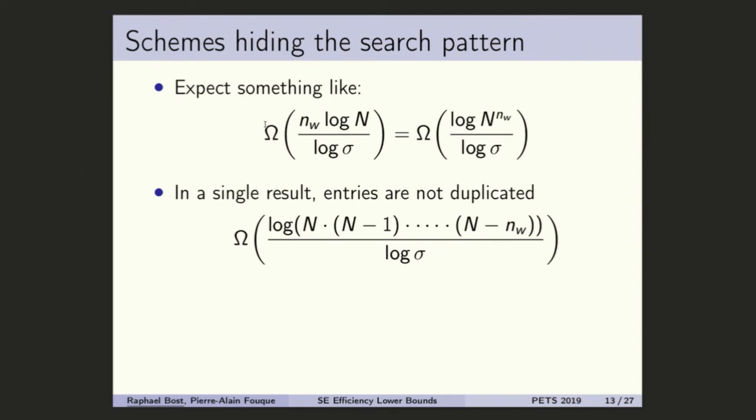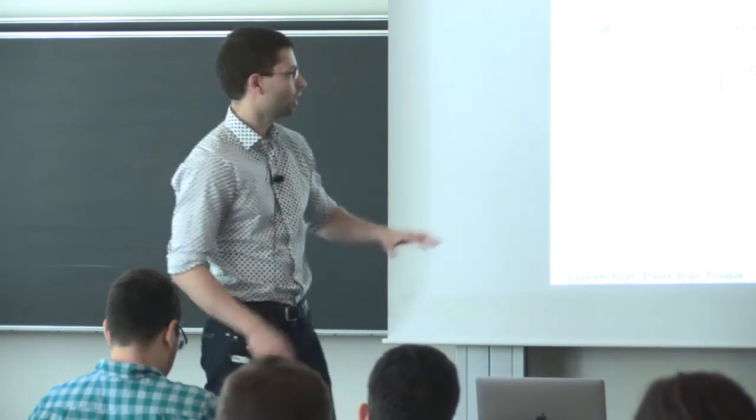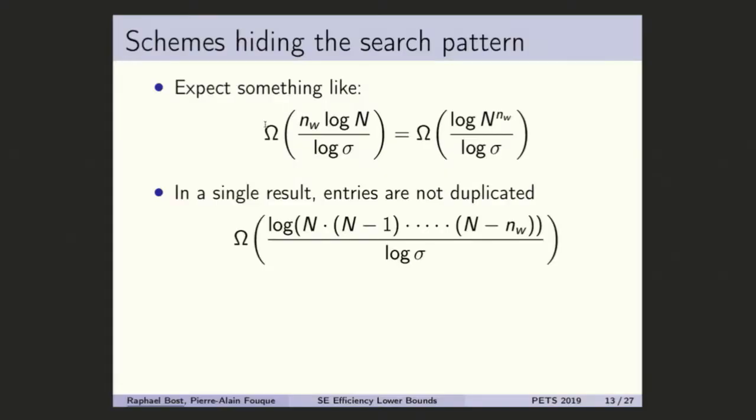You do have to hide which first entry you access, but you don't have to hide that you're accessing a different entry for the second result. So you don't have to hide among n, you have to hide among n minus 1, and so on. So you end up having something like this. This is a very hand-wavy explanation, but still you might expect to have something better than what we had before, because you don't have to hide all the information.